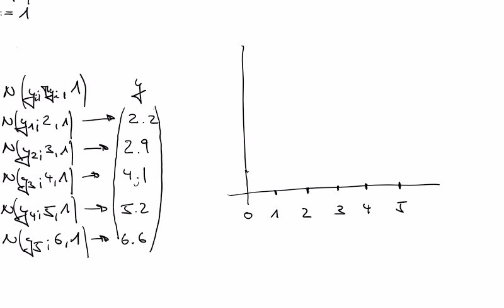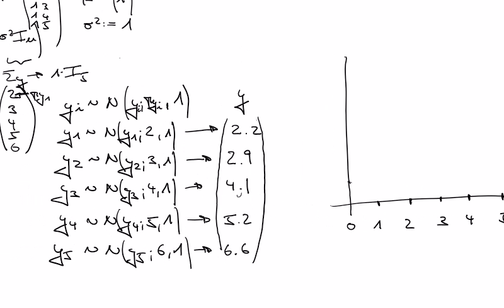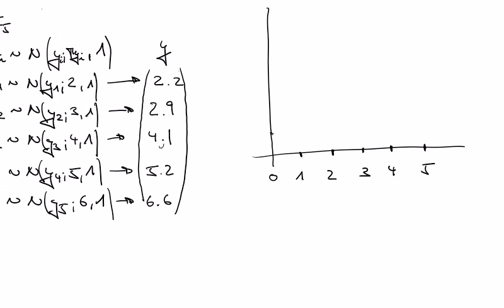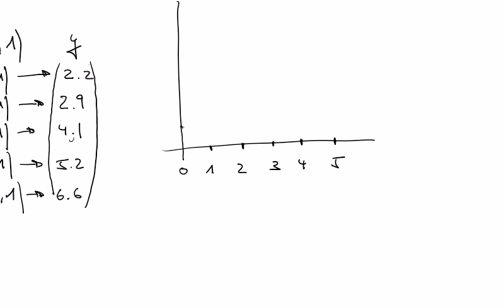So these are our entries in the second column of x. So if you want, this is x1,2, x2,2, x3,2, x4,2, and x5,2. So these are these entries.